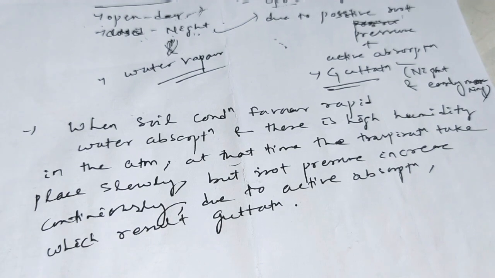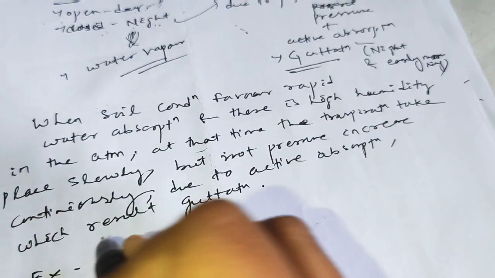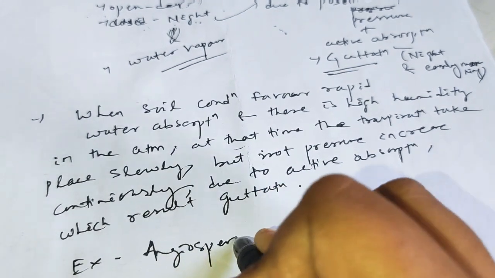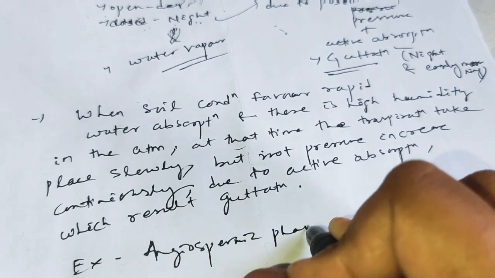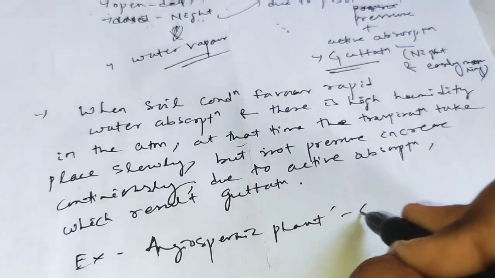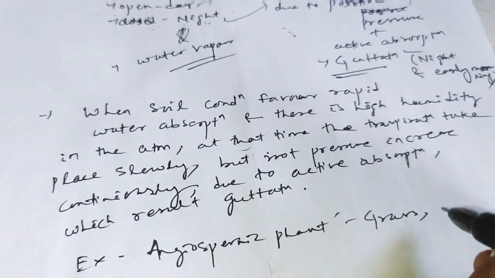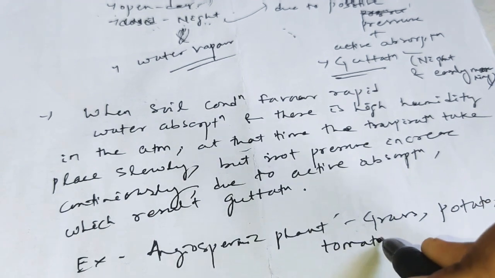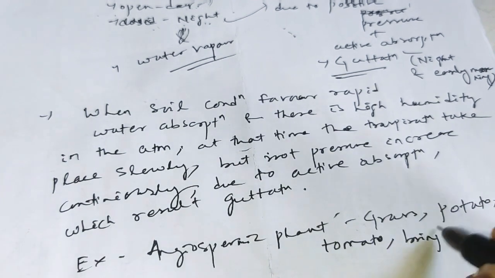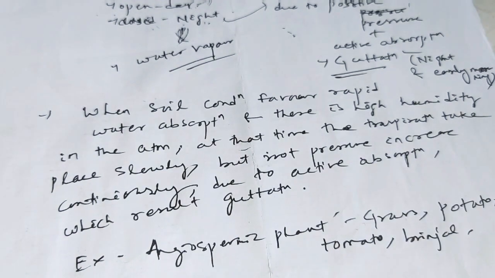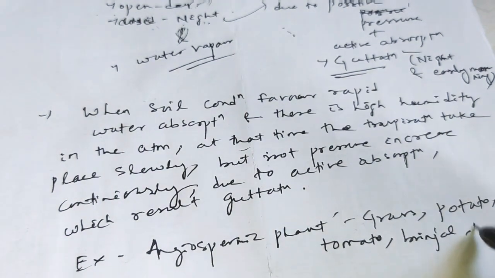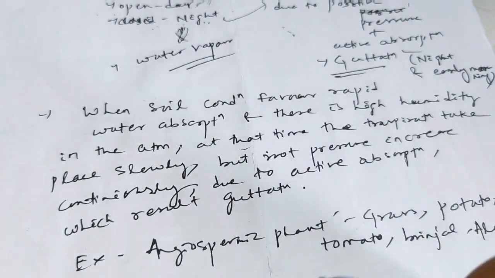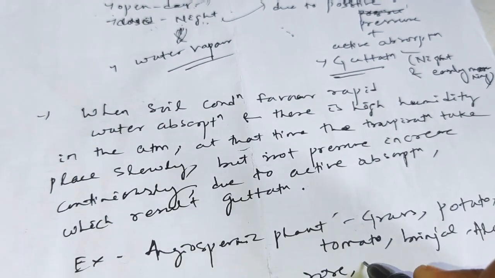Now come to the examples. The examples are mostly found in angiospermic plants. So guttation is mostly found in angiospermic plants, such as grass, potato, tomato, brinjal, alocasia, and also rose, hibiscus.